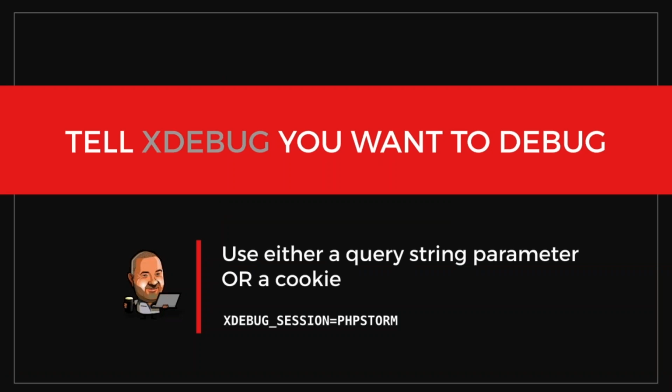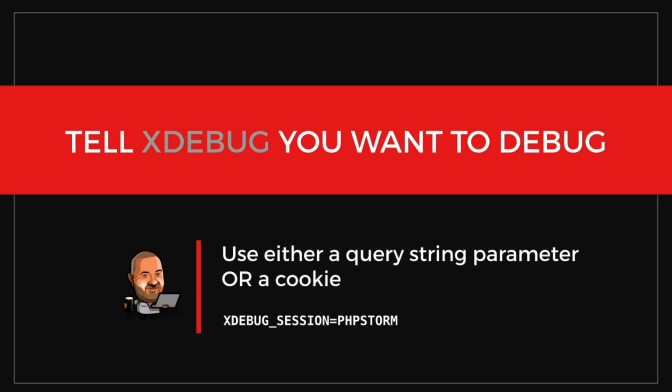The next thing we need to do is to tell Xdebug we want to debug. So while Xdebug is always enabled, once it's loaded, it doesn't actually by default allow you to debug any request. So what we actually have to do is, on the requests that we want to debug, tell Xdebug, I'd like to debug this request.